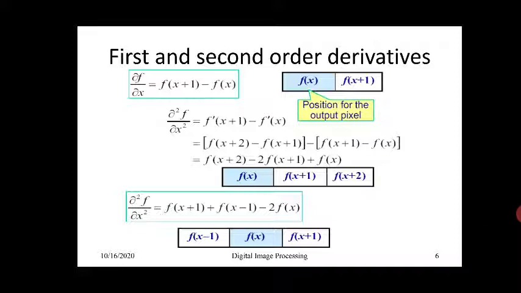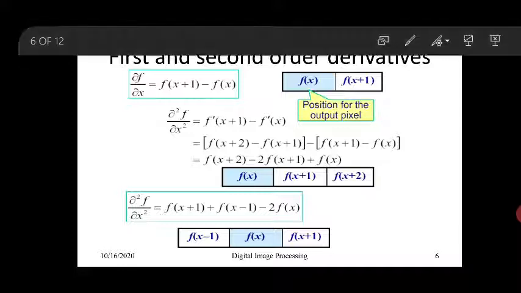It is already given. f of x plus 1 is the next pixel value, f of x is the current pixel value, and the second derivative, dou square f by dou x square, is equal to f dash of x plus 1 minus f dash of x. If you open it out, that is f of x plus 2 minus f of x plus 1 minus f of x plus 1 minus f of x.